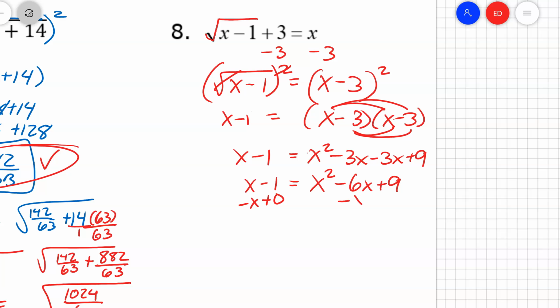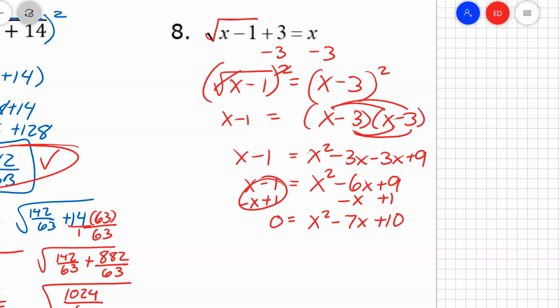Okay, so we're going to subtract x from the minus 6x, negative 7x, and we're going to add 1 over to the other side. So this left side is going to become 0, which is exactly what we're looking for. Okay, and we want x squared minus 7x plus 10.